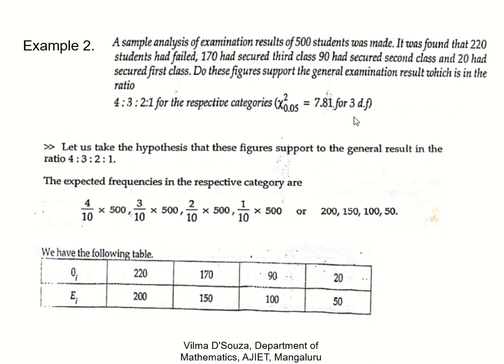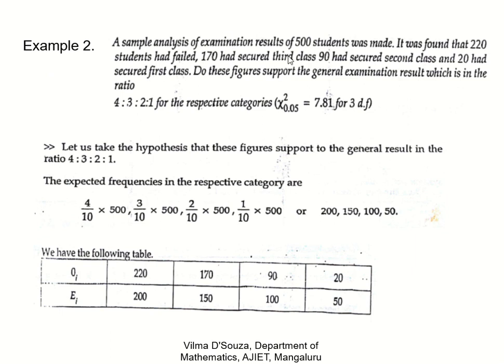So read the question carefully. What is given? A sample analysis of examination results of 500 students was made. So failed students 220, third class 170, second class 90, first class 20. So you have 4 categories, right? This is what you have observed, right?